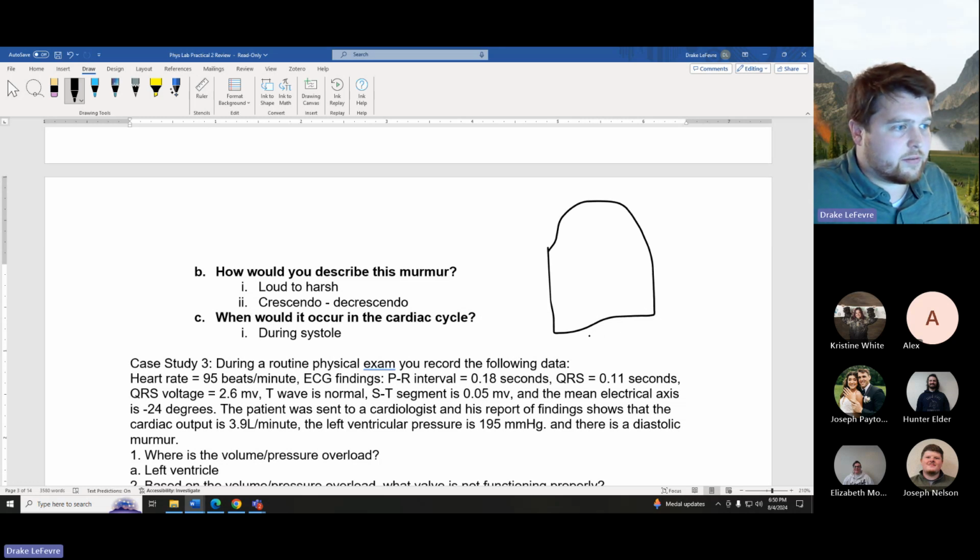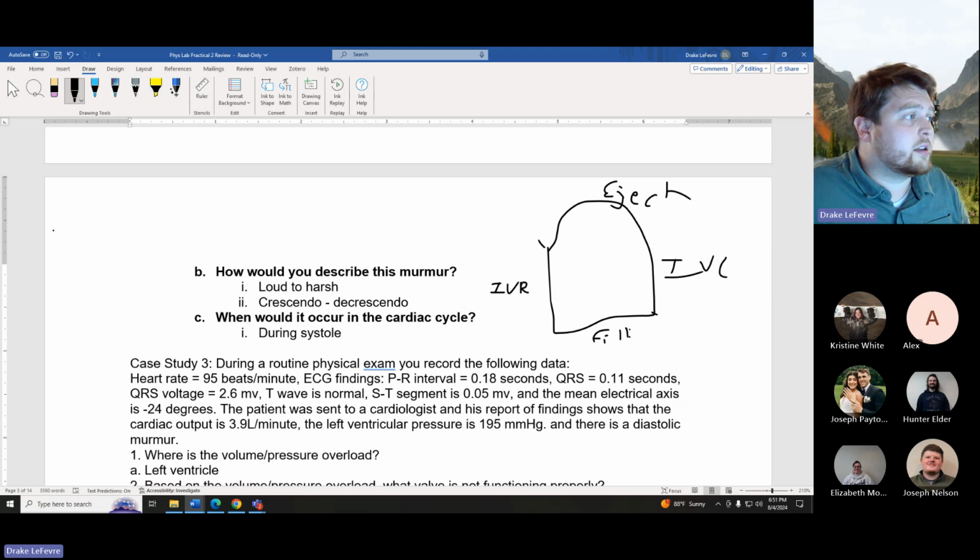Where you have isovolumetric contraction, isovolumetric relaxation, filling, and ejection, all this kind of stuff, and where valves are open, where valves are closed. This is all coming back to that. If you know this like the back of your hand, this will be a lot easier. Okay.